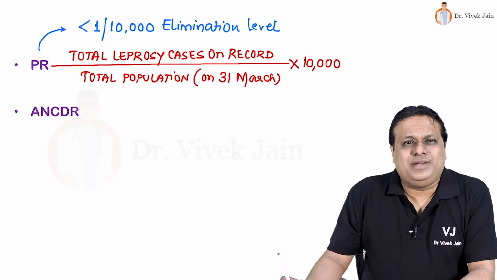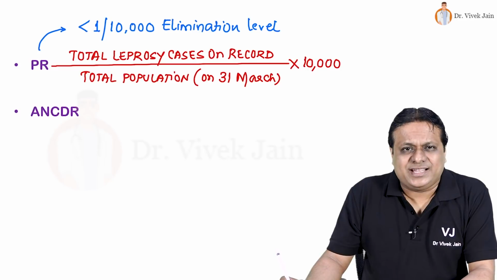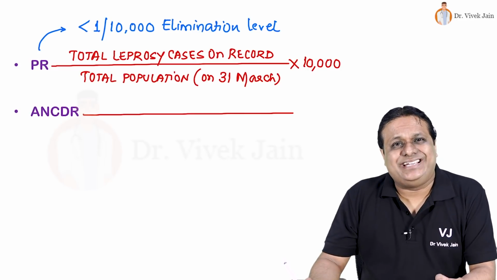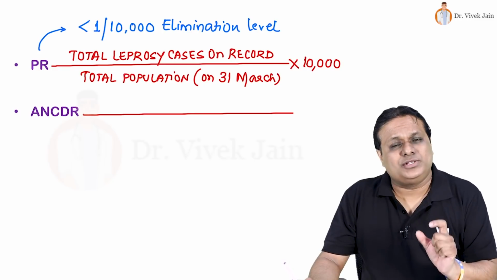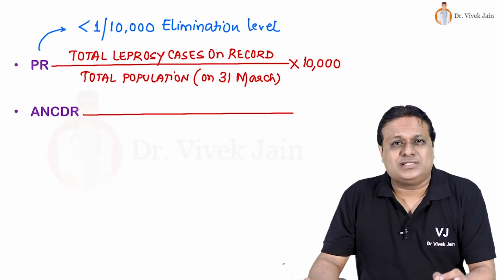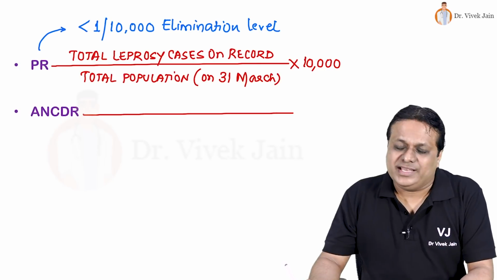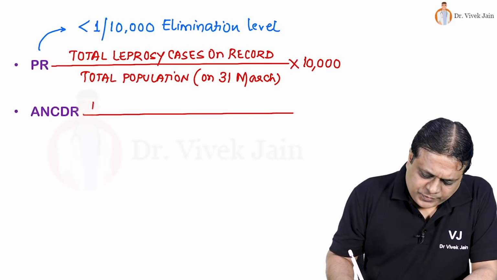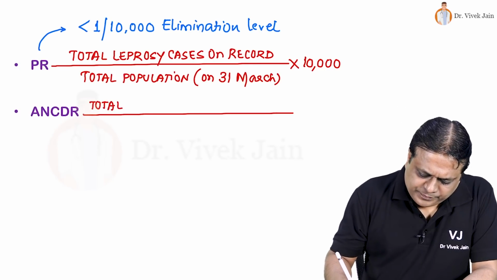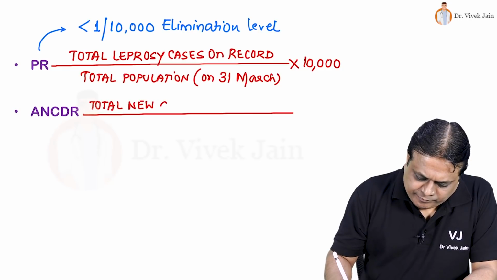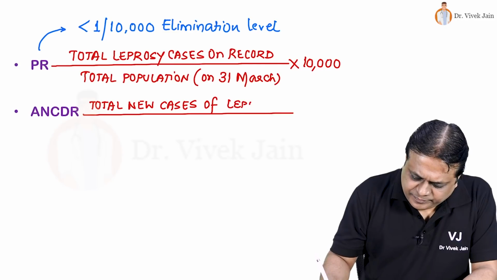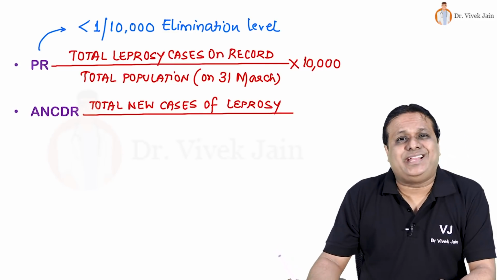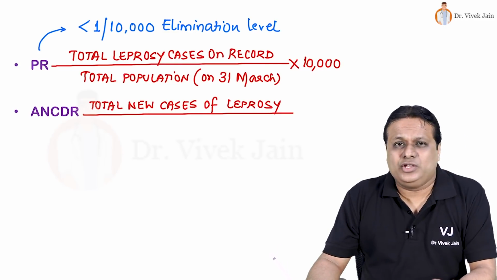Now the second parameter is ANCDR, that is annual new case detection rate, which indicates actually incidence of leprosy, but this term is only used for leprosy. New cases, annual new case has to be incidence. So numerator is total number of new cases of leprosy which are detected in a defined geographical area or population.